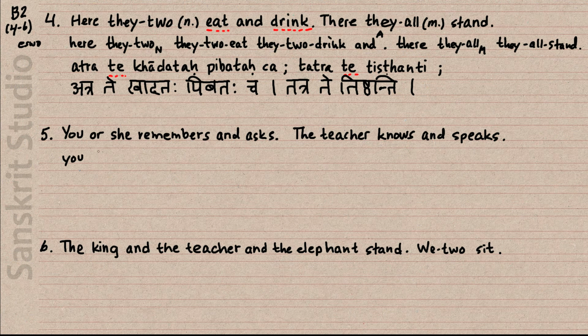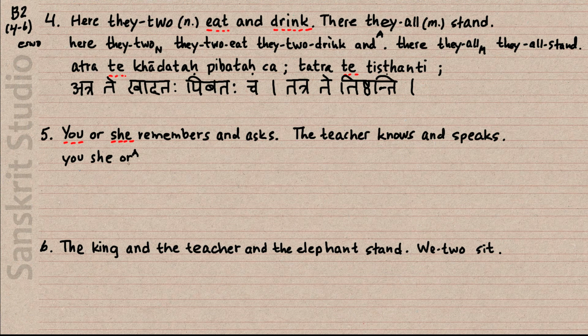We only have one "or", and it's connecting "you" and "she". So we only have one va in the Sanskrit.